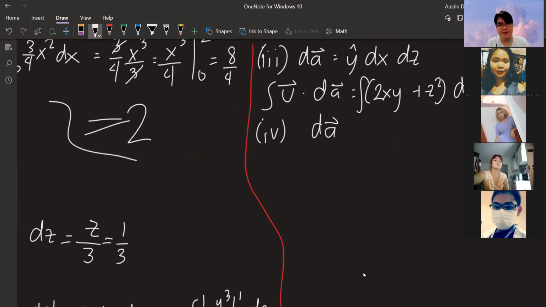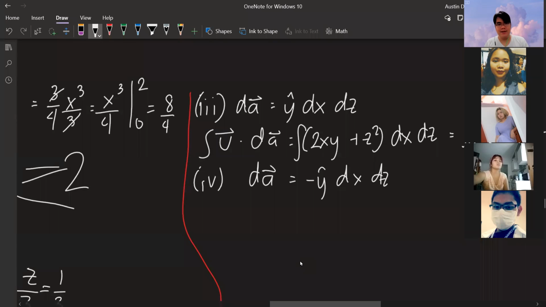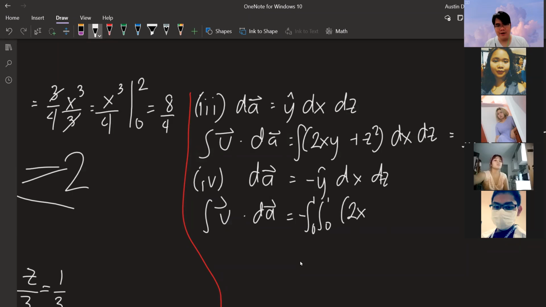So dA will be just the negative of ito. Y hat dx dz. And then same pa rin si v. Fairly simple. dA magiging double integral 0 to 1. Tapos may negative sign ako. Nilabas ko lang. And then 2xy plus z squared dx dz. Alright?